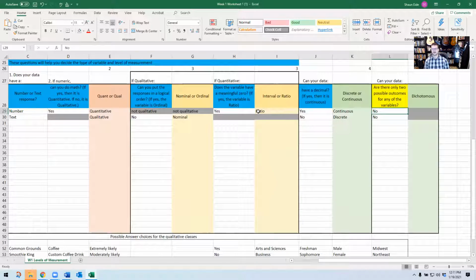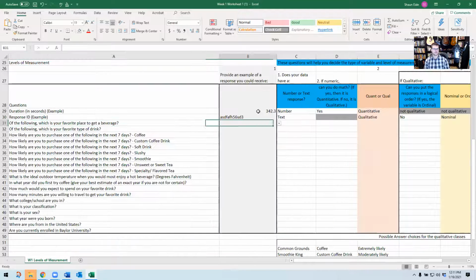So it's continuous because it can have a decimal. And then are there only 2 possible outcomes? No. And so not dichotomous.